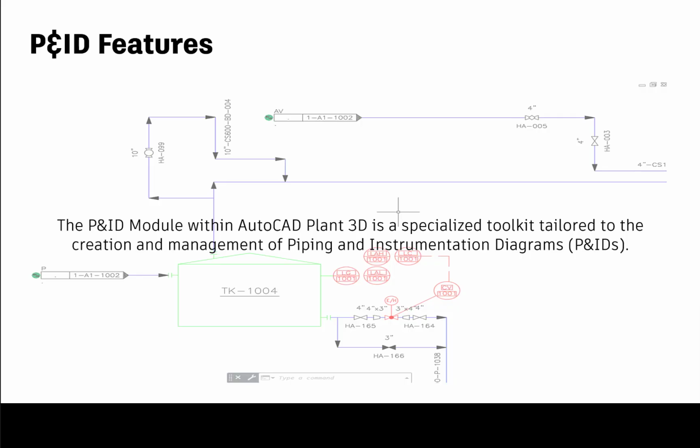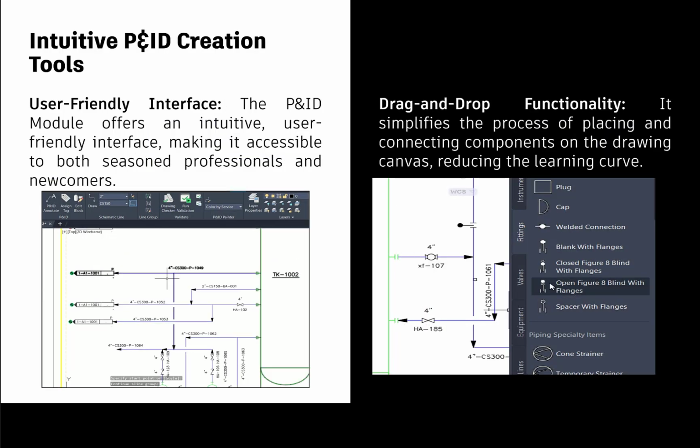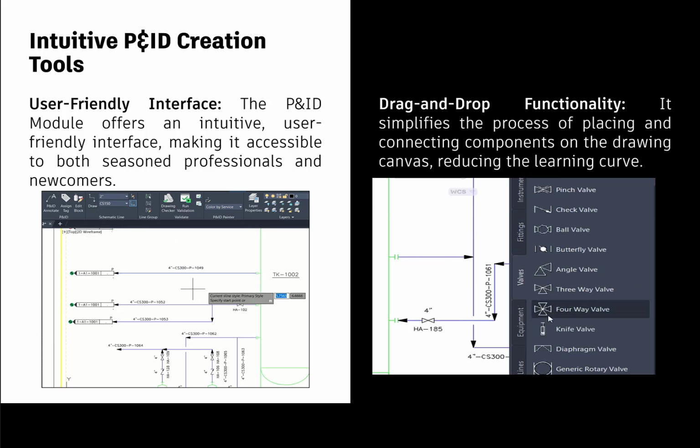The P&ID module within AutoCAD is really tailored to the creation and management of your process, piping, and instrumentation diagrams, or rather P&ID. You have an intuitive P&ID module that is extremely user-friendly.